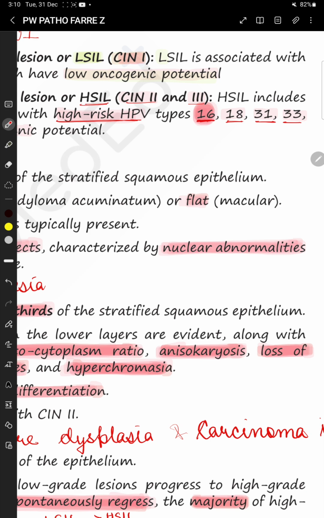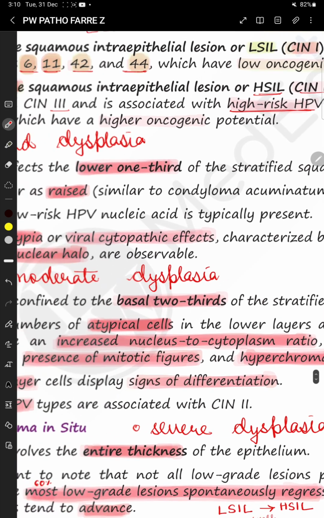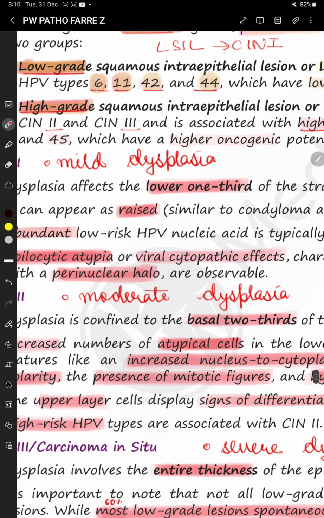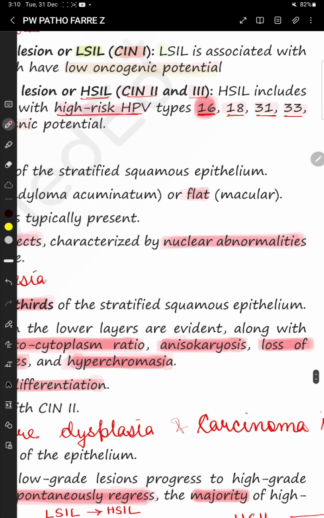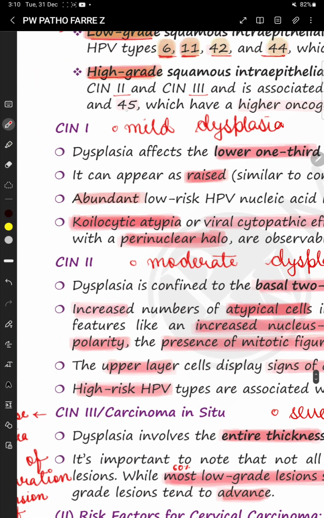HPV 16 is the most common cause of HSIL. Low risk are HPV 6, 11, 42, 44. High risk is HPV 16, 18, 31, 33 and 45.